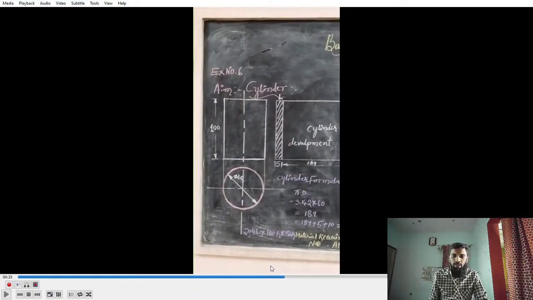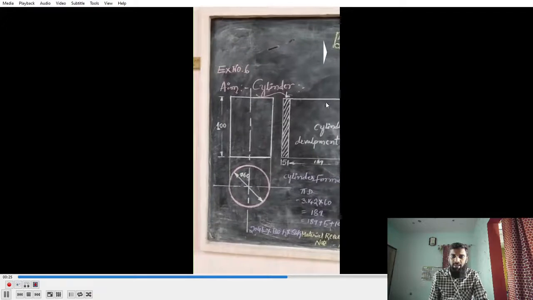See here, if you observe, this is the top view and this is the front view, and on the right side of the front view you are seeing the development of cylinder, and here in the development the L is left side and R is right side.